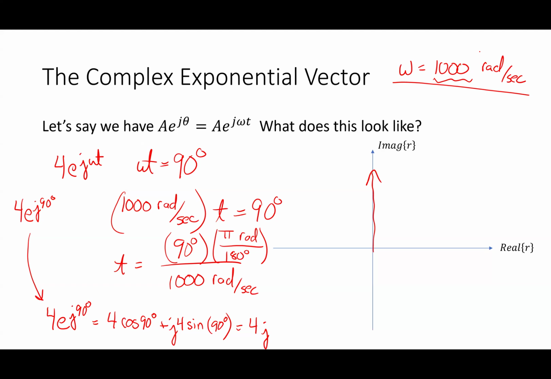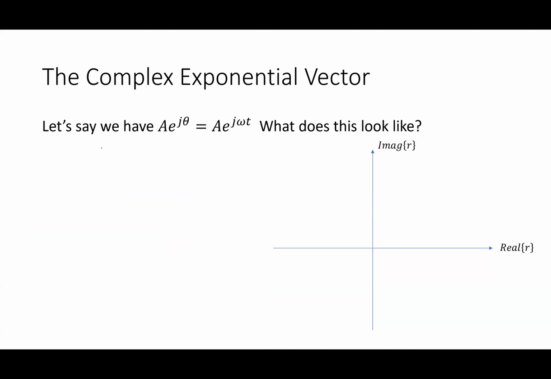All right, now what's going to happen if I get to omega t equal to 180 degrees? Well, now I have 4e to the j 180. What's that equal to, using again the Euler's identity? How do I break that up?